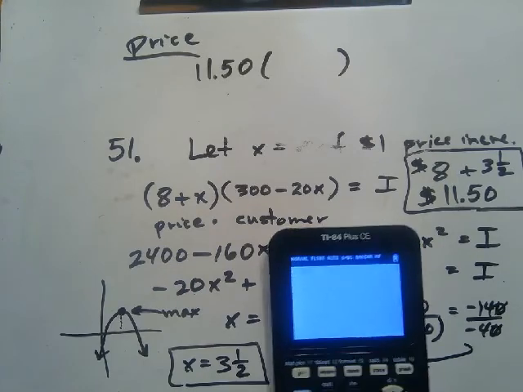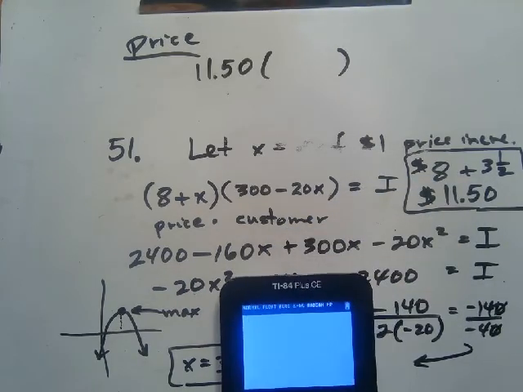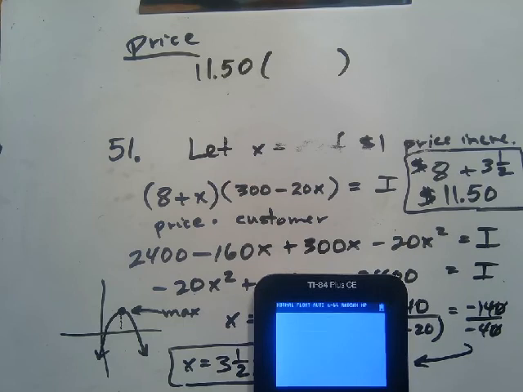Okay, so I'm going to clear this. I'm going to stick it into our equation here. Okay, so I've got negative 20x squared. In this case, x happens to be 3.5.